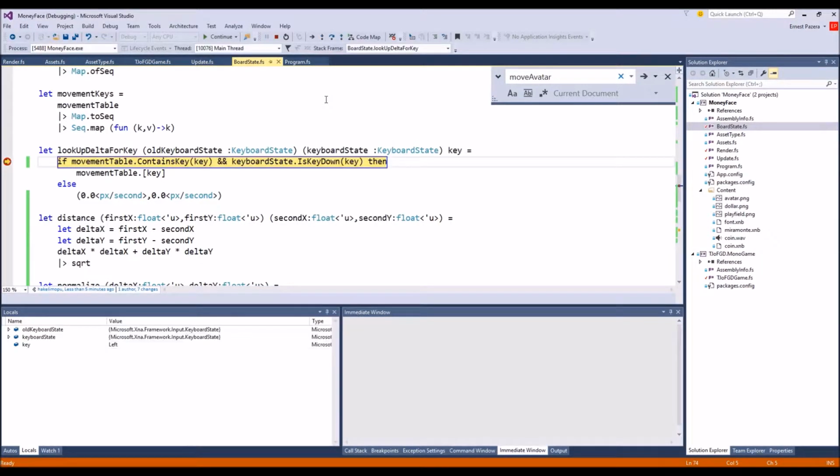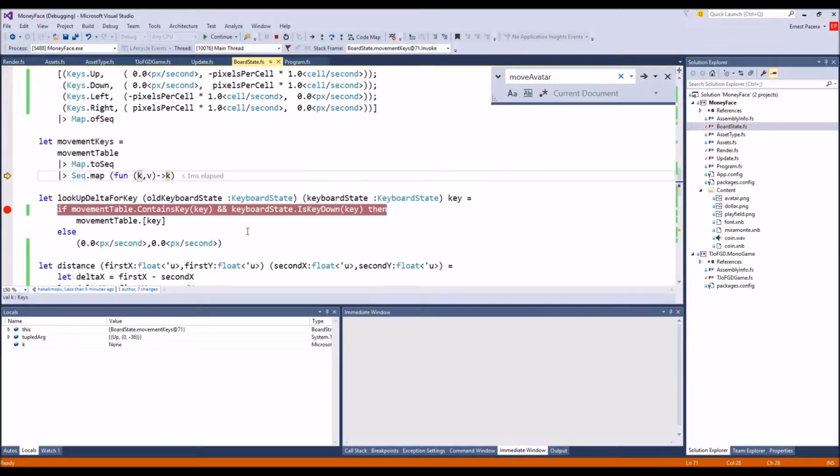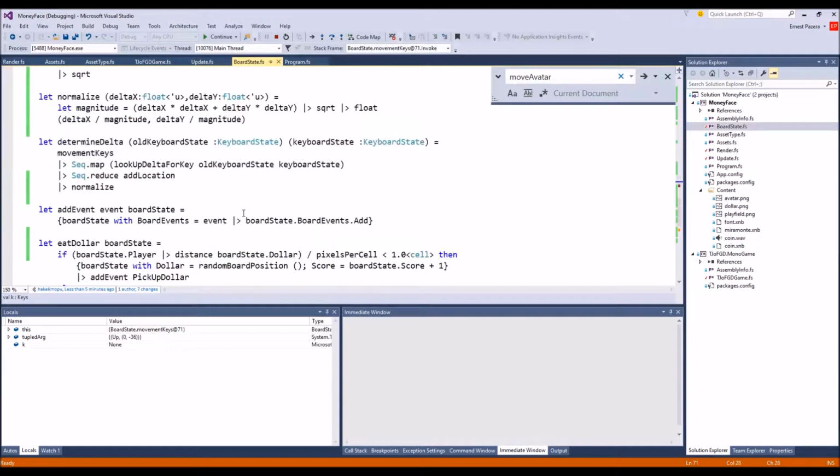So, which key are you? You're left, and so what? So 0. So where's my... F9.